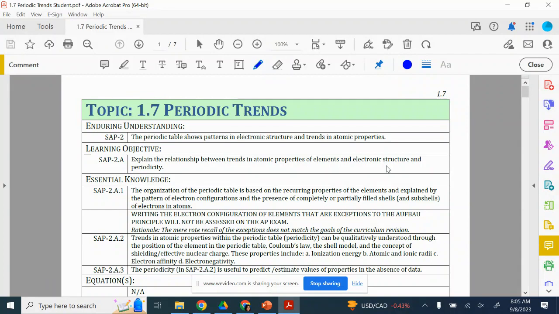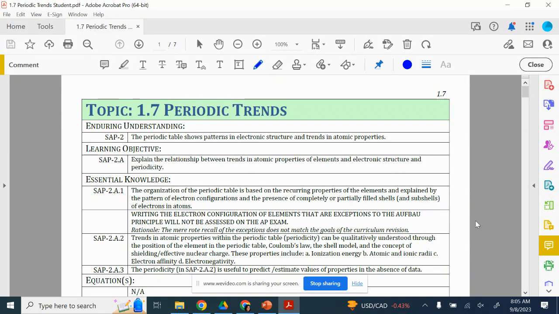Right, periodic trends. This is a biggie. They have a lot of stuff on periodic trends on the AP exam. This is a big hit item. So make sure that if you're not understanding something that I'm saying today, you talk to me. Ask me questions as I'm going through it.